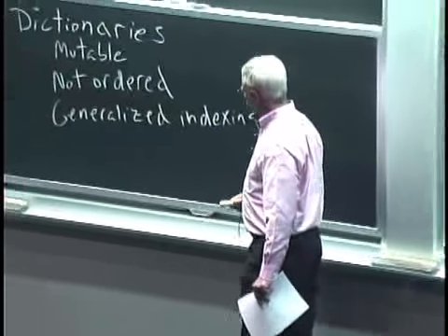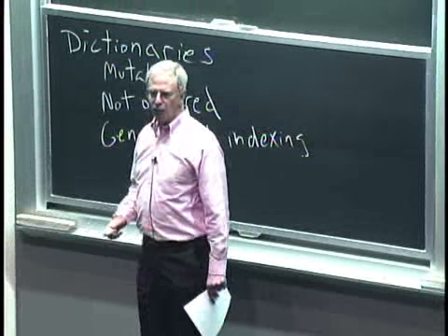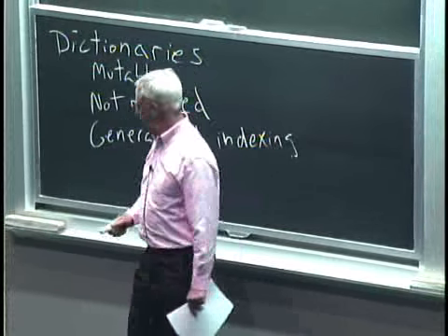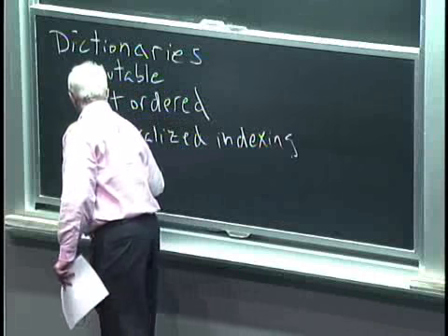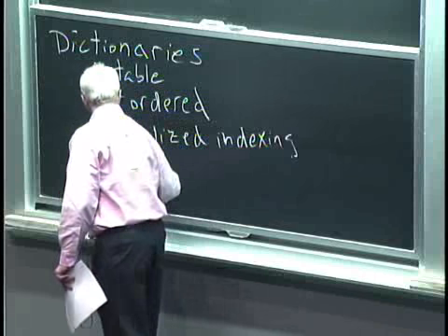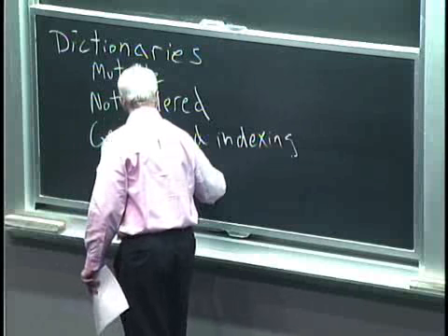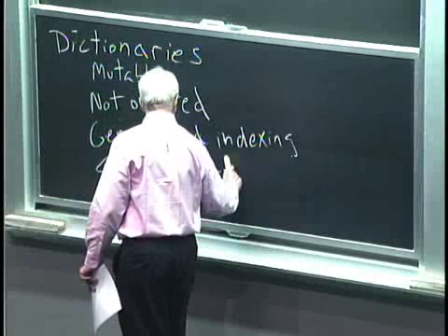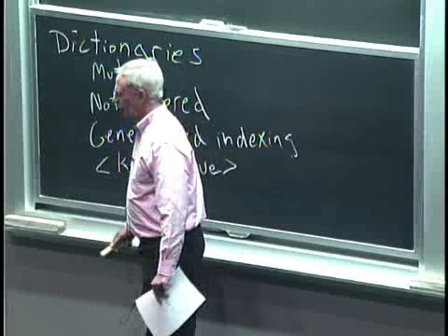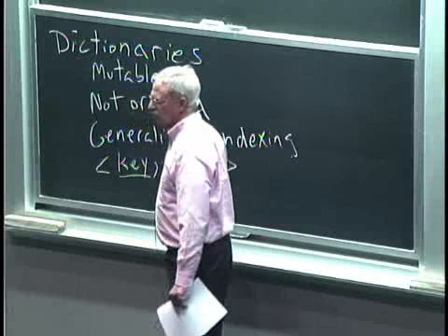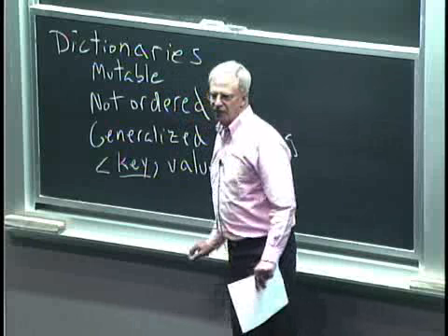Here, we think of every element of the dictionary as a key value pair, where the keys are used as the indices.